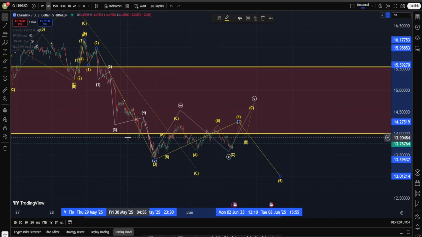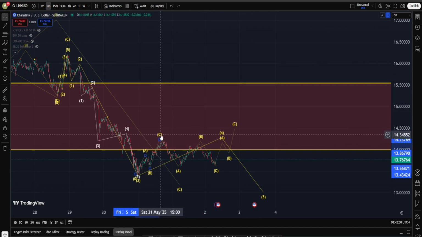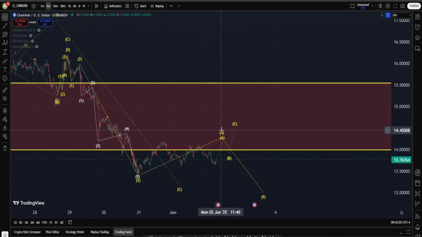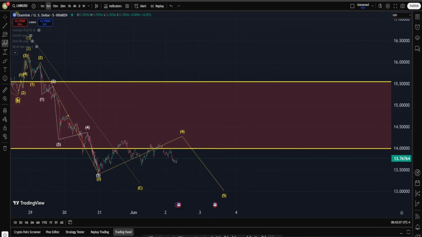Now, what needs to happen for me to change my scenario to the bullish one, indicating this point is actually our final bottom? You probably know what I'm about to say. Let's say I am wrong, and instead of having an ABC in this initial move up, we are having a 5 wave up. Okay, fair enough.